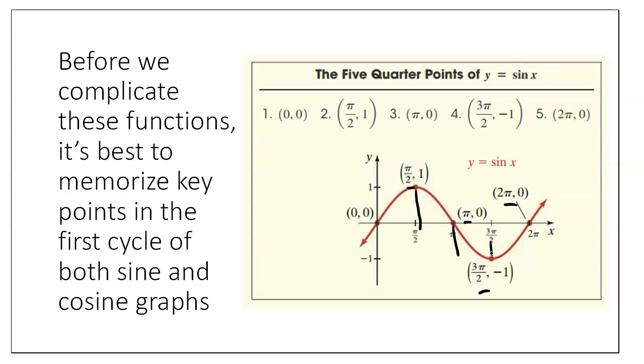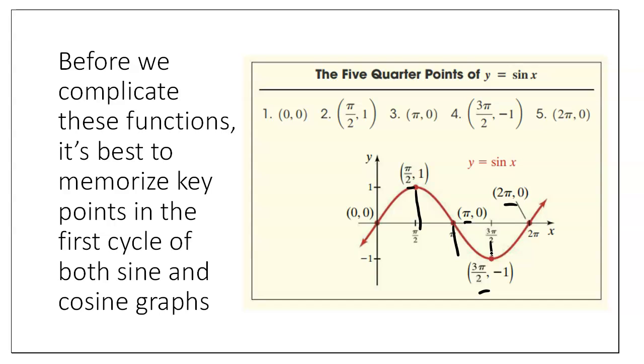The reason it's important to memorize these points is because we will complicate this sine of x. We'll either add something to it, multiply it by a number, or do something along those lines, maybe even a combination of both. So it might be hard to understand how it's changing the function.